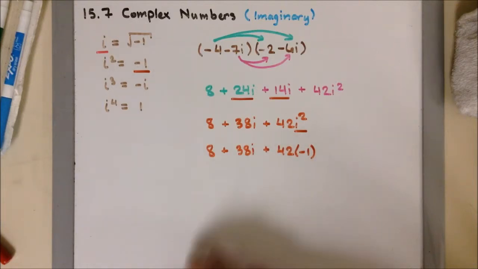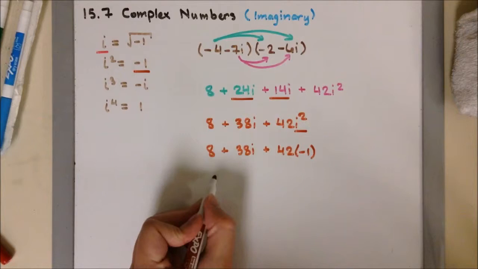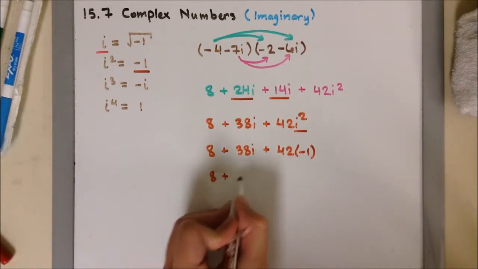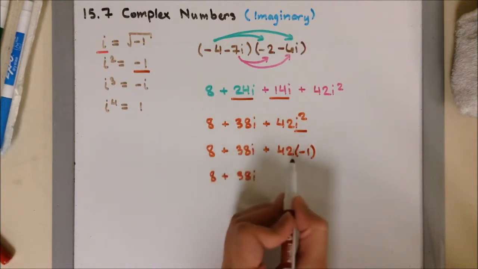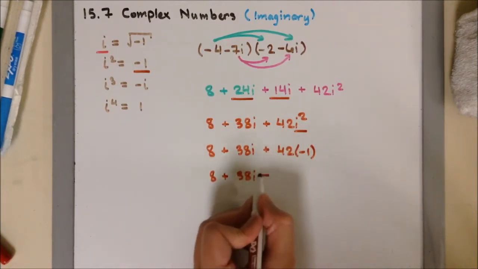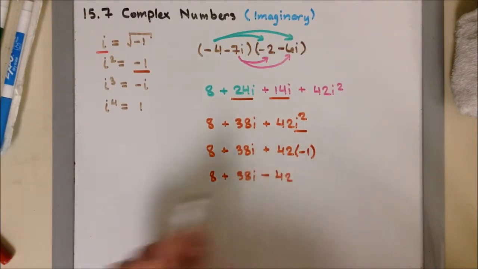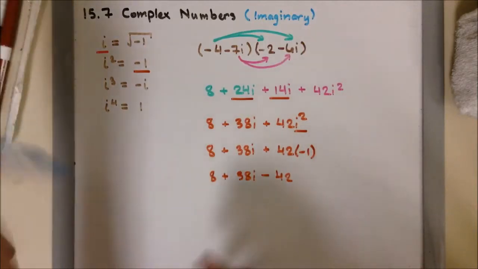From there, the only thing I can do is positive 42 times negative 1. So everything will stay the same. So the 8 plus 38i, now here, this will become positive 42 times negative 1, negative 42. Then I'm going to combine my real numbers.